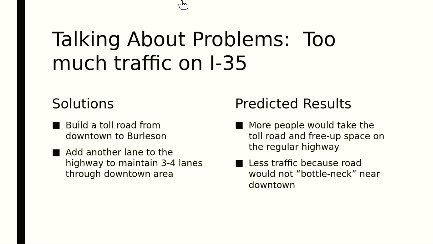So you can see the solution on the left goes with the predicted result on the right. Okay, so when I'm talking, I would say, the first solution to the traffic problem is to build a toll road from downtown to Burleson. Do you guys know where Burleson is?